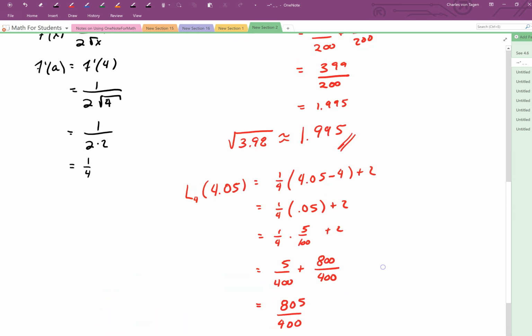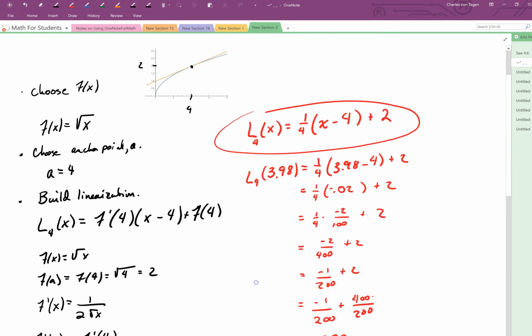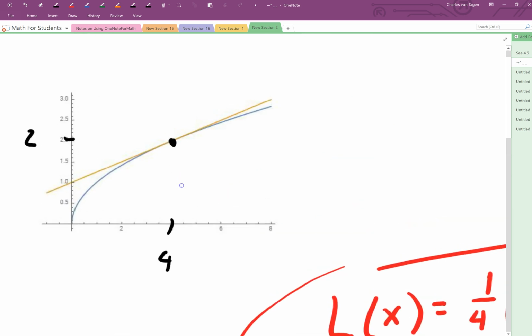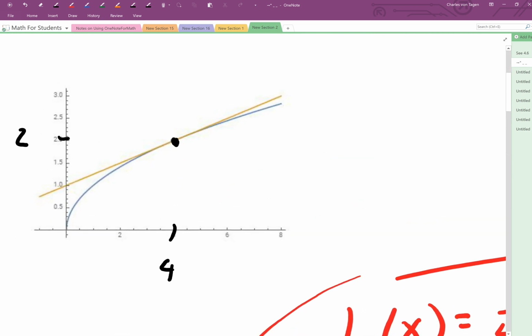Okay? I don't know how well this is going to work on the video here, but I'm going to zoom in on this picture here. And I'm going to exaggerate this slightly. We wanted to figure out what the square root of 4.05 is. Well, let's pretend 4.05 is right about there. And you can't really tell this, but rather than plugging it into the blue curve, rather than finding out what the square root of 4.05 is, I went along this gold or yellow line and plugged it into that point there.